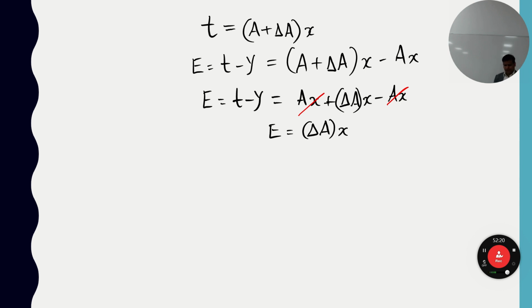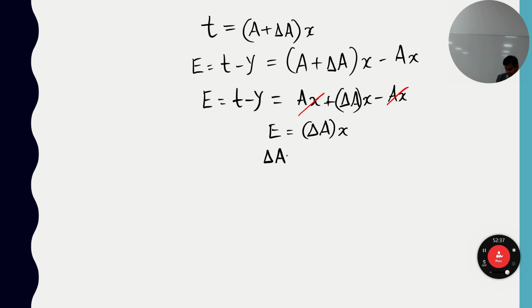So let's go further. We want to know how much to adjust, right? This delta A, how much you have to adjust, or how to improve the slope so that you can have a better classifier. So let's put this further.